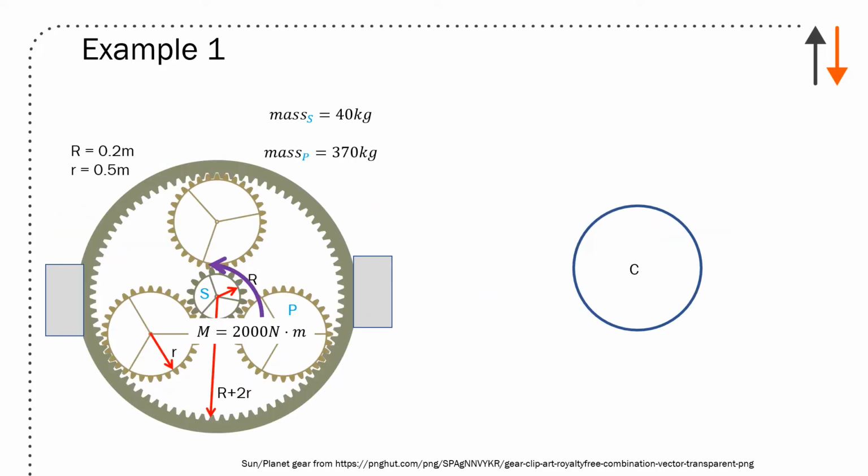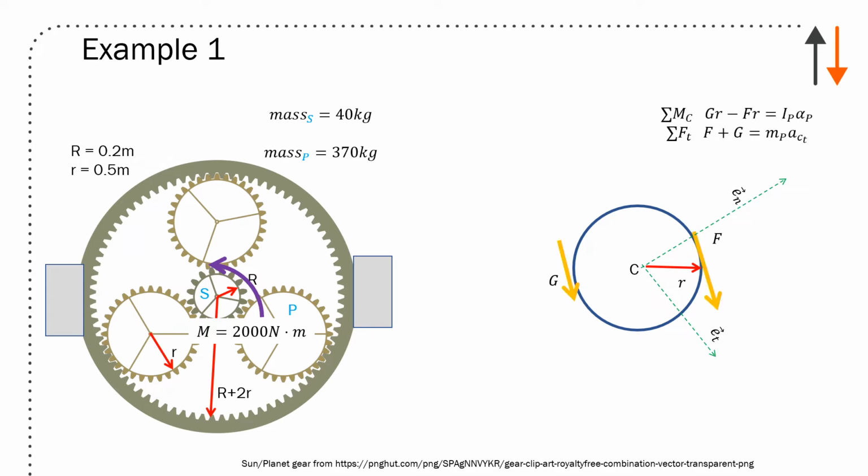If I then look at the planet gears, I have the center of the gear C. I can define here a normal and tangential system, a radial coordinate. I have the forces acting on this. Sum of moments about C is going to be G times r, because it is causing a counterclockwise moment, and F times r, which is causing a clockwise moment and therefore is negative, equal to I planet times alpha planet.